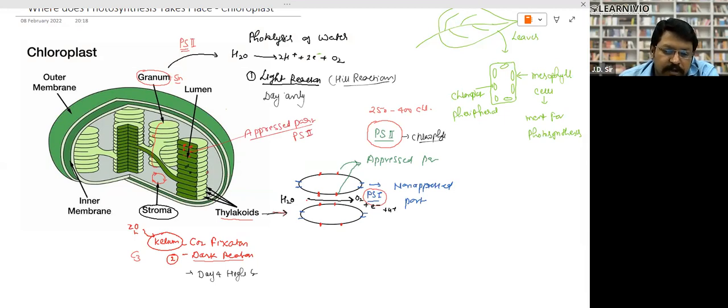And these parts on the outside, which are in contact with the stroma, are called non-appressed parts. The non-appressed parts have photosystem first. Is that clear?